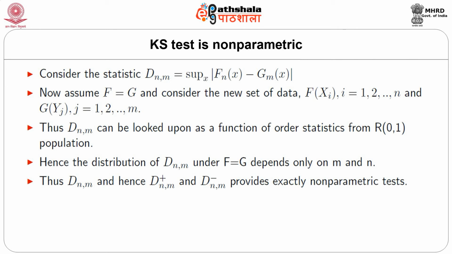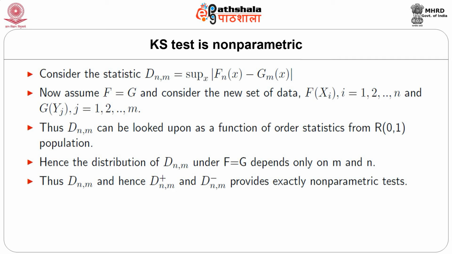Next, we shall discuss that the Kolmogorov-Smirnov distance function and the corresponding test is actually non-parametric. Note that this Dnm is defined as supremum over x of the absolute value of Fn(x) minus Gm(x). Now, if F equals G, then consider the new sets of data F(xi), i from 1 to small n, and G(yj), j running from 1 to small m.